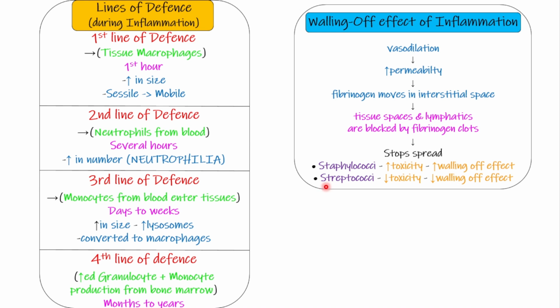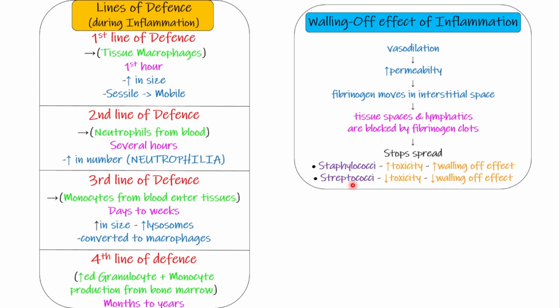So, which one is more dangerous, staphylococci or streptococci? The staphylococci is more toxic, but the streptococci, because of its easy spread, will become even more dangerous than staphylococci, as it can easily spread. Okay? So this was walling off effect.